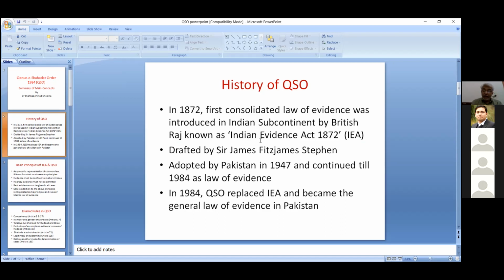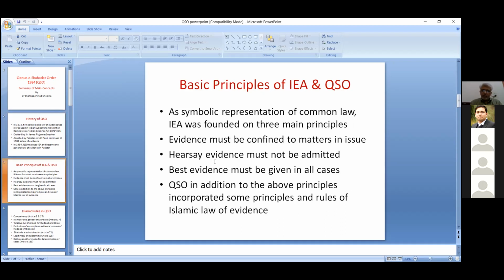That debate led to the remodeling of Indian law of evidence, and what we have at present, which is a replacement of Indian law of evidence, is termed as Qanun-e-Shahadat Order. This Qanun-e-Shahadat Order has incorporated the majority of the provisions of the Indian law of evidence. If we try to give a percentage, we will notice that more than 95% of the provisions of Indian law of evidence are still retained in Qanun-e-Shahadat Order.